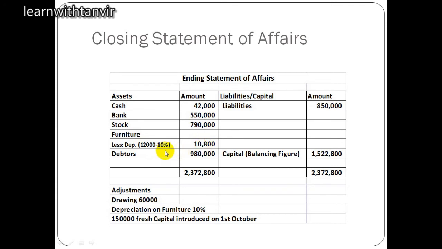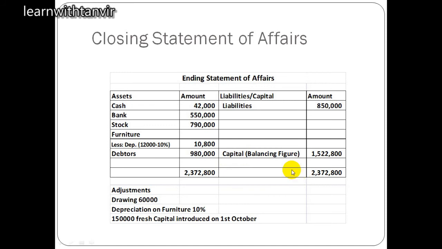You can see that we minus 10% out of 12,000. Fresh capital introduced will not be mentioned here. Drawings will not be mentioned here. This is the ending statement of affairs, and this is the same as a balance sheet. The difference is that a balance sheet is made through a trial balance and capital is actually known, but here capital is the balancing figure.